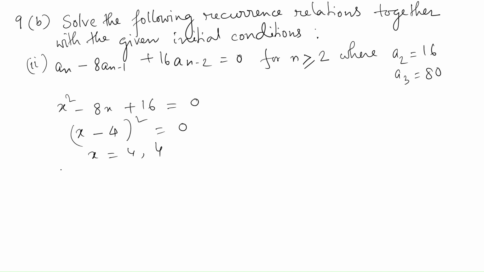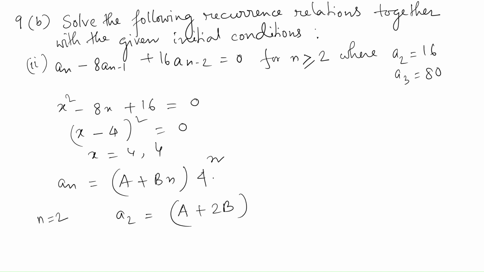The general solution can be written as a_n equal (a plus b n) 4 power n. Now putting n equals 2 because here a2 is given. So we have a2 equal (a plus twice b) 4 square, that is 16. a2 is given as 16, so 16 equals 16 times (a plus twice b).